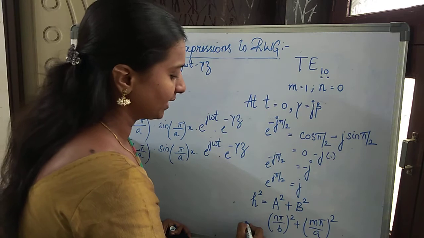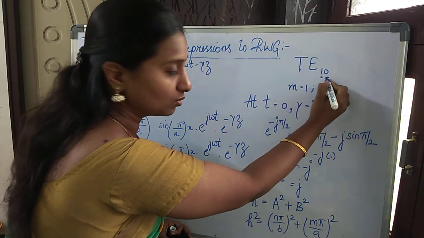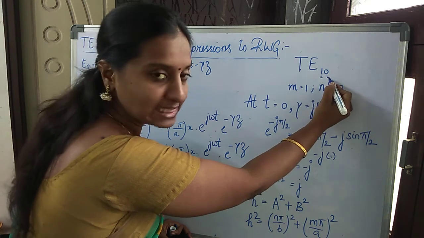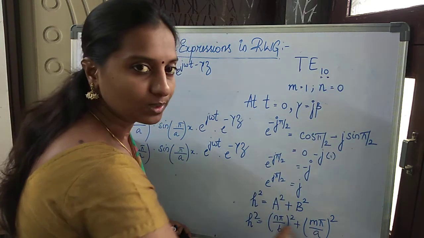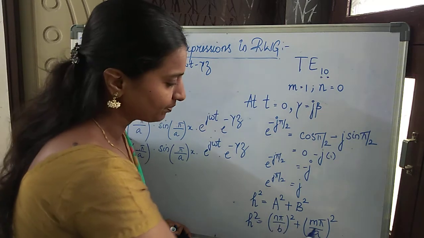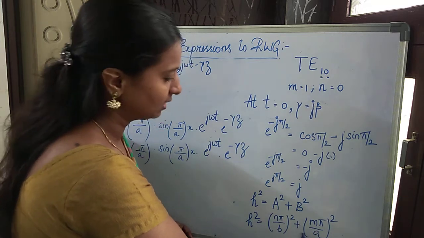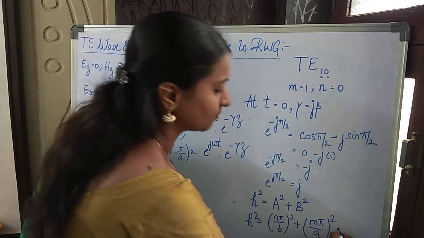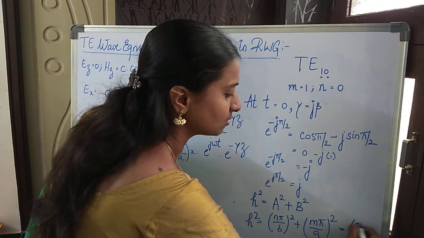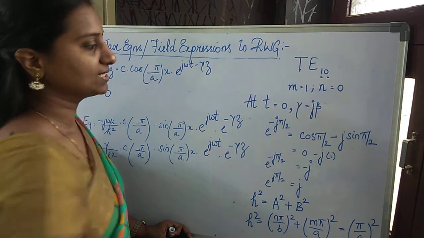Right? So h square for TE10, where m is equal to 1 and n is equal to 0, will be varying now. So when I put n is equal to 0, this term will become 0, and when I put m is equal to 1, this becomes pi by a square. So h square will become just pi by a square for TE10 mode.